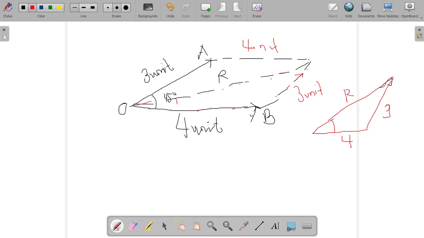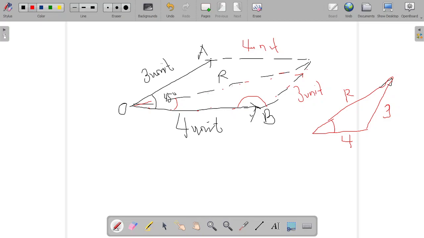How do we get the value of this angle? Looking at this whole diagram, the parallelogram, we can get the angle here. How do we do that?